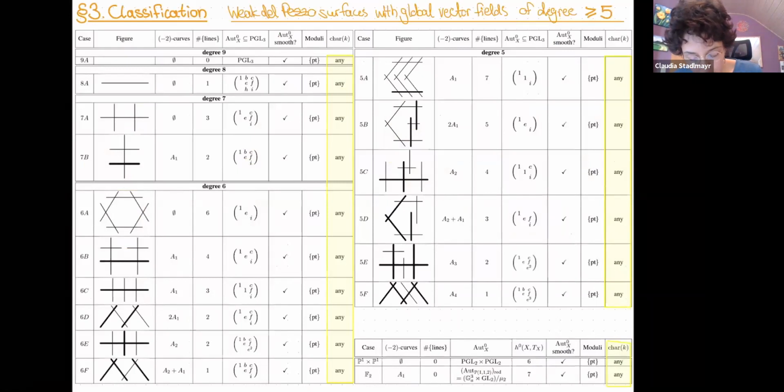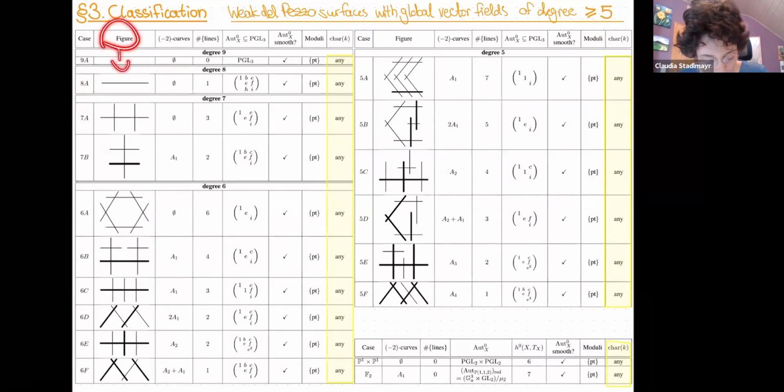This is a list of all weak del Pezzo surfaces with global vector fields of degree greater or equal 5. I can tell you what the columns in the tables are. Here we have some naming of those surfaces, which we just chose for the paper, but maybe I can tell you the first sign there always tells you the degree of the respective weak del Pezzo surface.